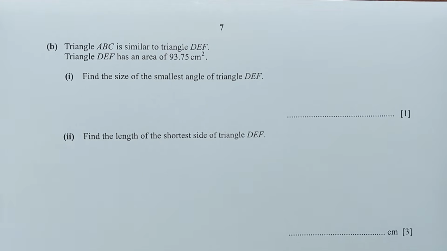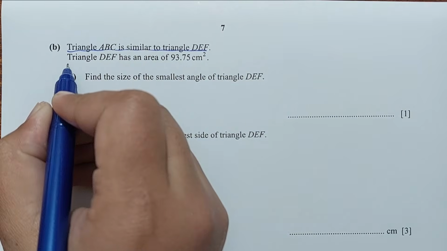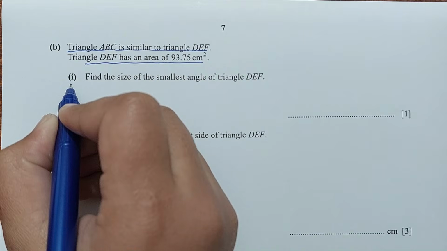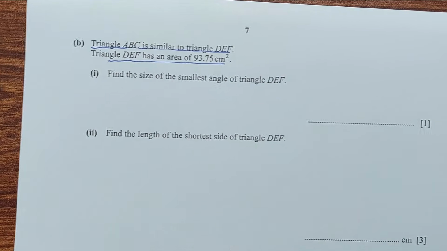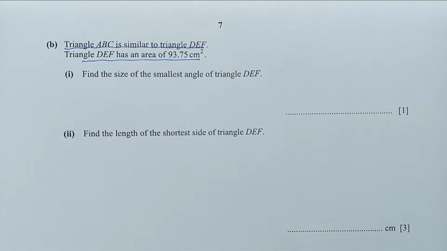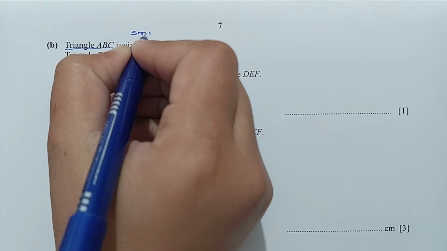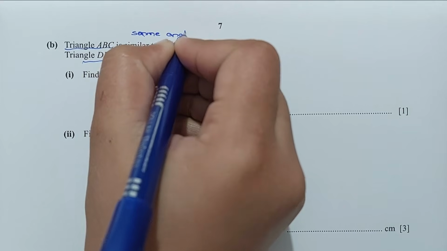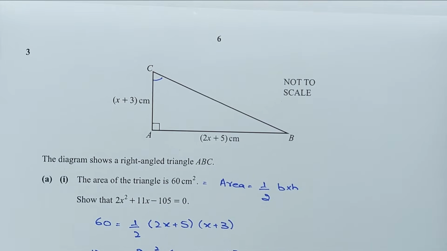Now for part B, triangle ABC is similar to triangle DEF. Two triangles are similar. Triangle DEF has an area of this much. Number 1, find the size of the smallest angle of triangle DEF. So when the triangles are similar, it means they have the same angles. All three angles are the same in both triangle ABC and triangle DEF.